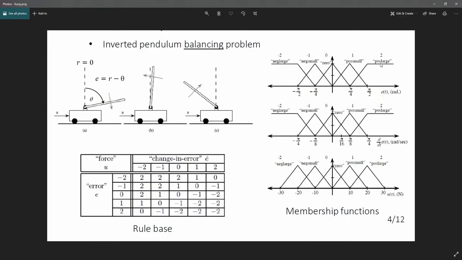The highest value is 1, but if it's around here at 0 or minus pi quarter, it would not be in the 0 set because it's just on the boundary of the set. But if it's over minus pi quarter, the membership value will increase according to a linear function. If it's a curve, the value will increase according to the curve function, depending on what we choose.